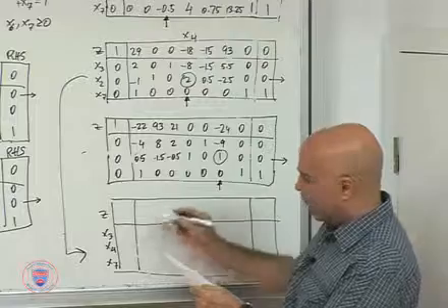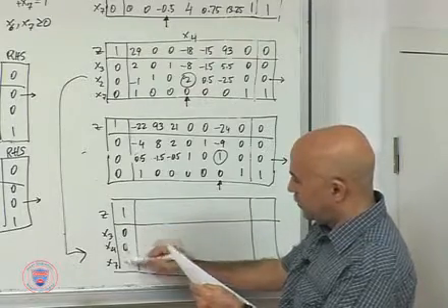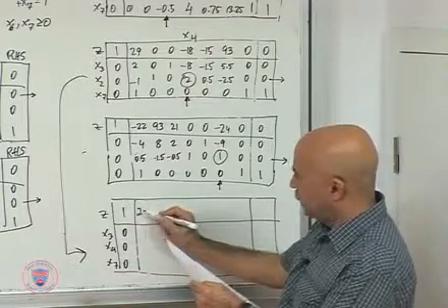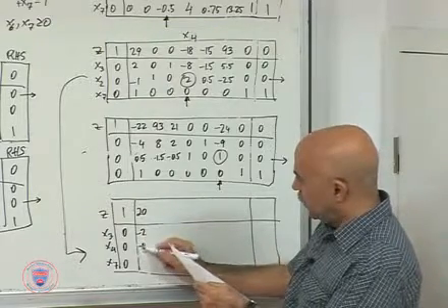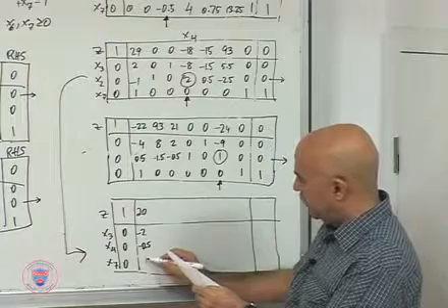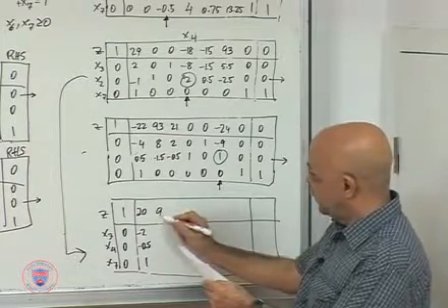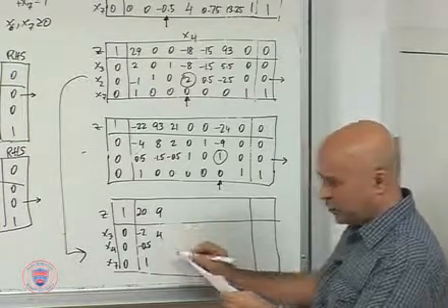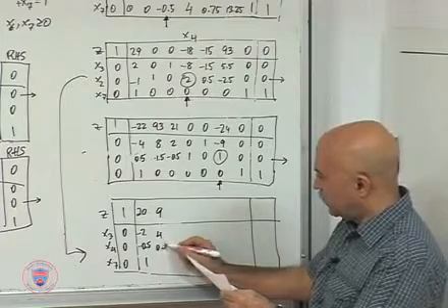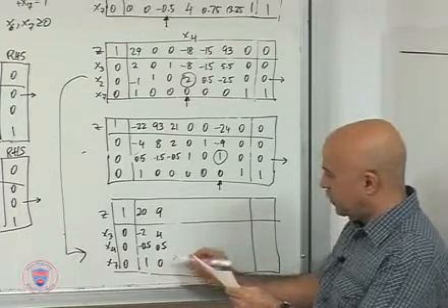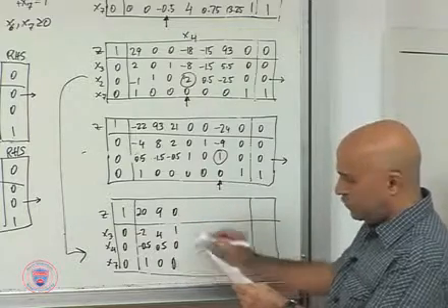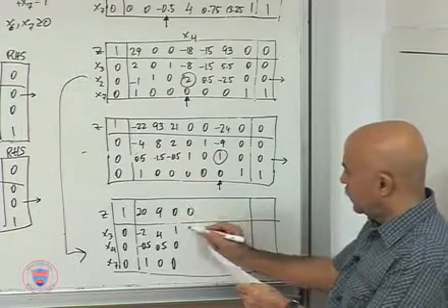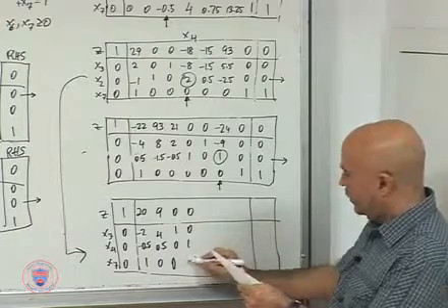Yes, okay. 1, 0, 0, 0. 20 minus 2 minus 0.5. 1. 9, 4, 0.5. 0, 0, 1, 0, 0, 0, 0, 1, 0.